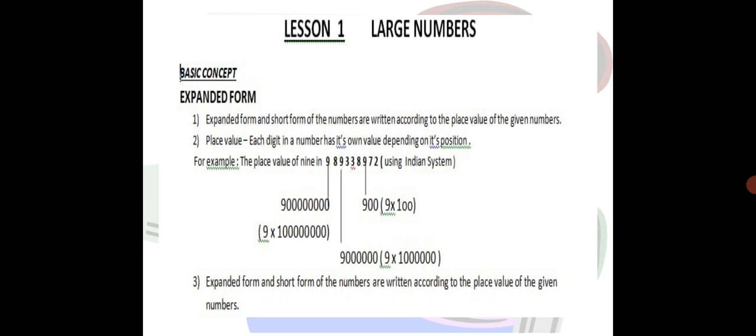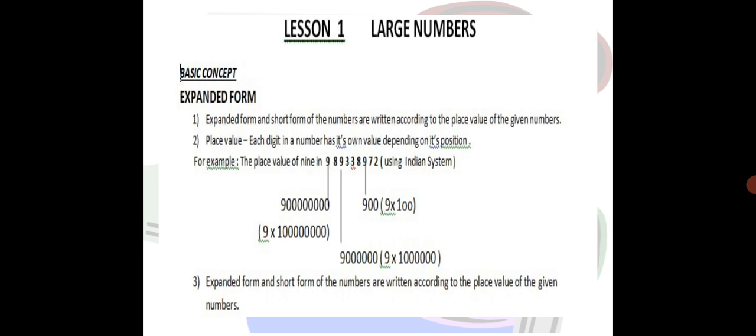Next, the last 9 is in the last position, and that is 90 crore, that is, 9 into 10 crores. So I think it is clear to you. Each digit in a number has its own value depending on its position.